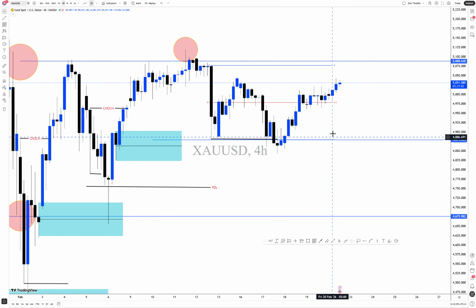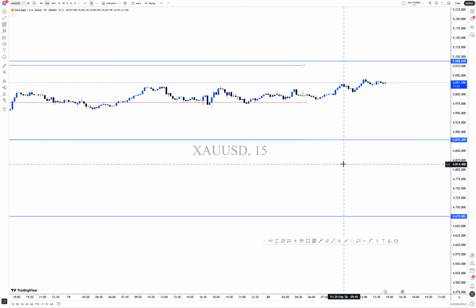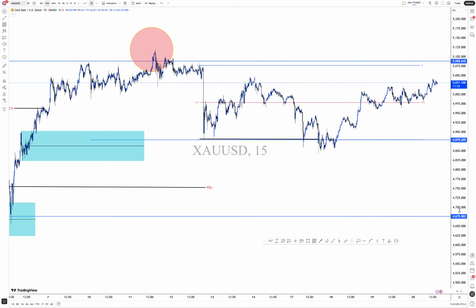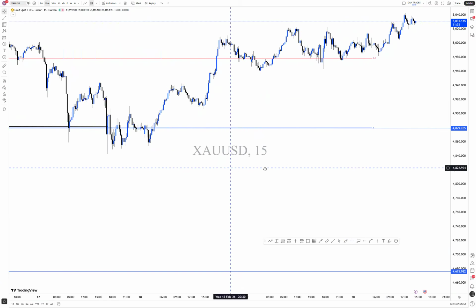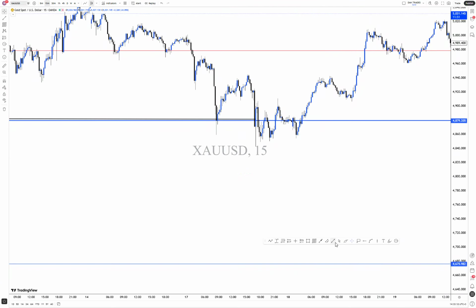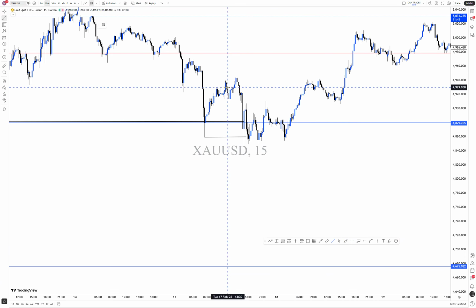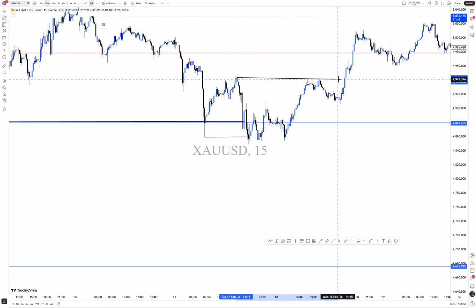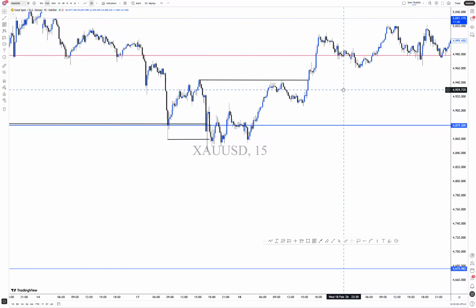So we need to narrow down at least onto 15 minutes to see the kind of structure the market has been presenting to us. Now, if you look keenly around this area, we swept this area. This is a sweep of liquidity. Then if you are looking for the change of character, we're having this as the change of character, right?